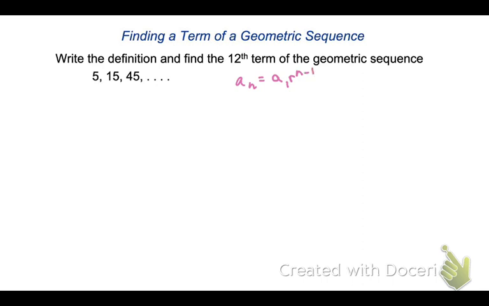So what's r? 3. Okay. And you did this even though you didn't know you did. Did you divide them and figure out? Yes, you looked at them and say, how do you get to them? So a sub n equals 5 times 3 to the n minus 1.